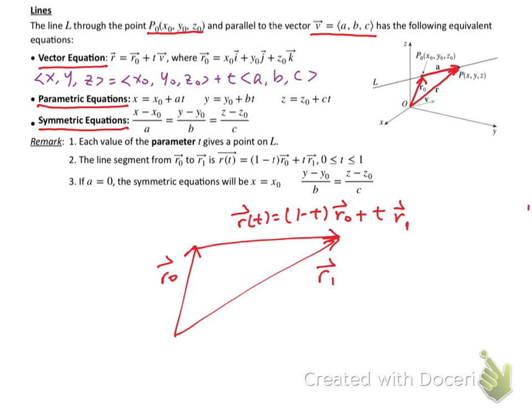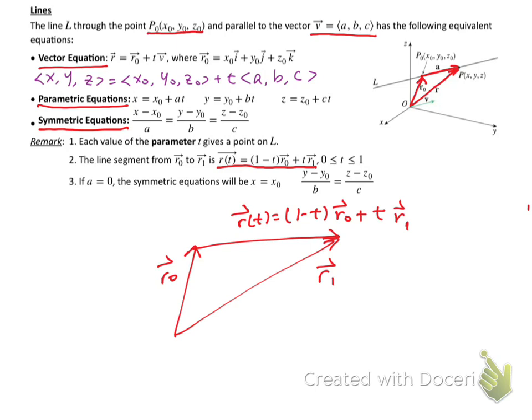Okay, so this is a trick in general, but in particular, the line segment with initial and terminal points R0 and R1 looks like this: 1 minus t times the initial point, plus t times the terminal point.